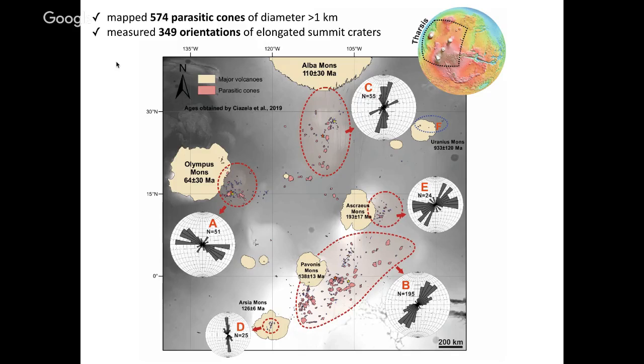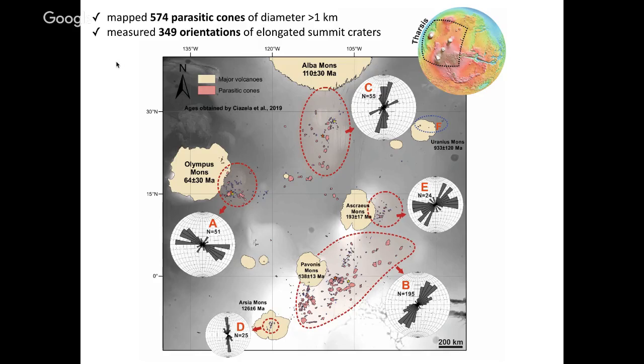large volcanoes. So we distinguished so far 6 different groups, and we measured orientation of the summit elongated crater or summit fissure. I will show you later how this summit fissure looks, but just look at these patterns. They are usually oriented in one way within the group.